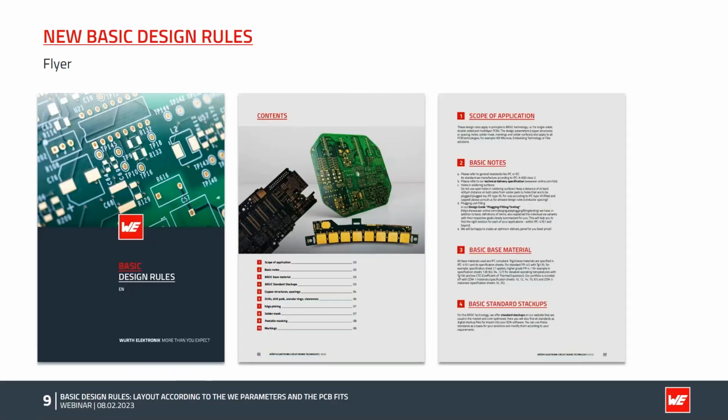So let's have a look at the flyer. We can see the first 3 pages, and here you can find also hyperlinks to some documents on the new website, for example, standard stackups, technical delivery specification, contacts, and so on.